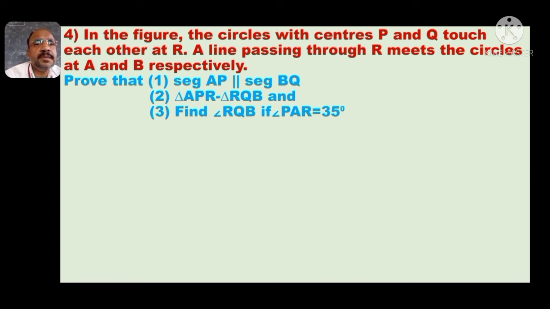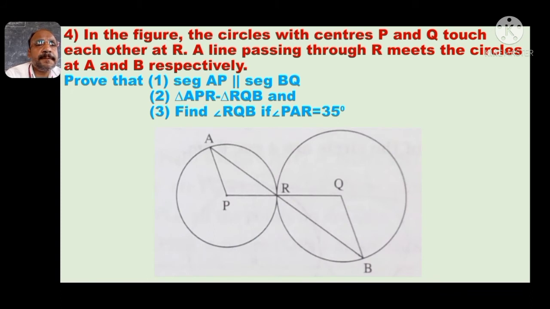Second, triangle APR is similar to triangle RQB, and find angle RQB if angle PAR is equal to 35 degree. Now here we have the figure of touching circles externally. What is the solution?